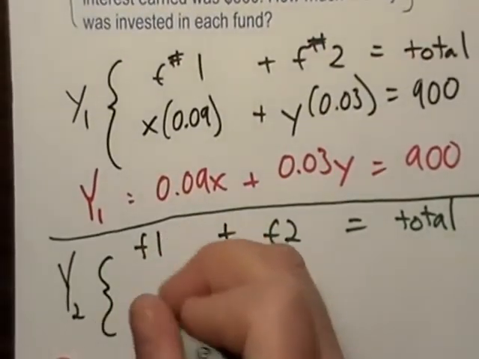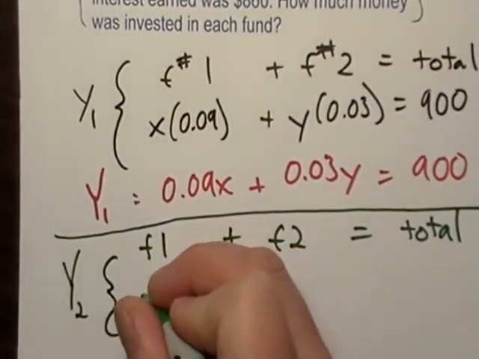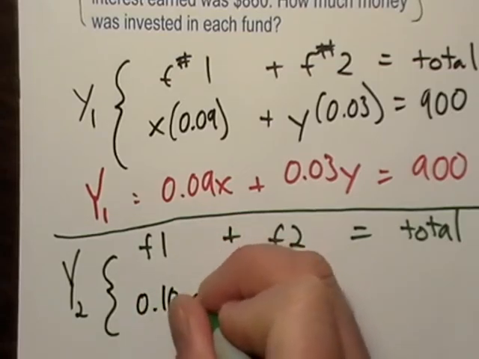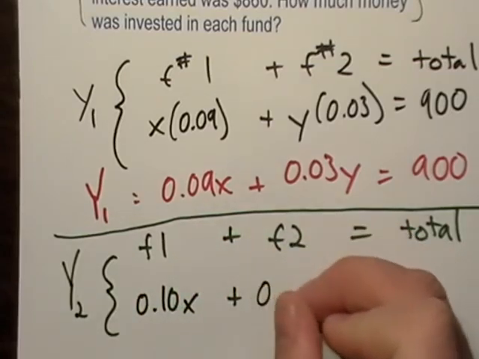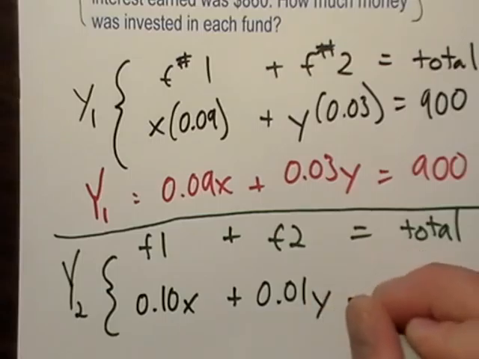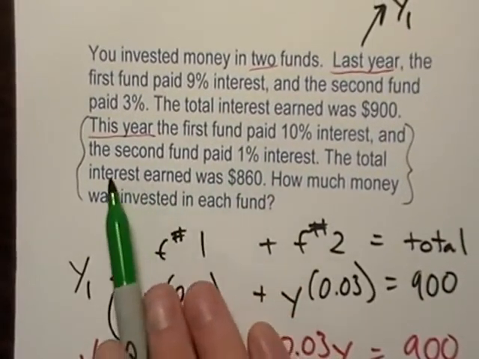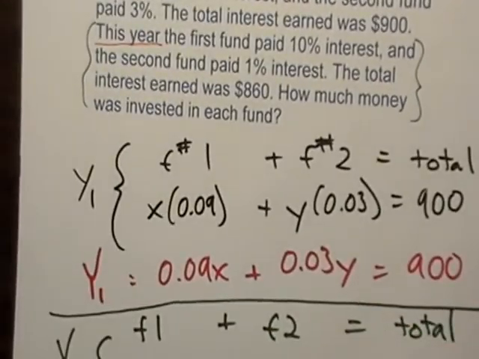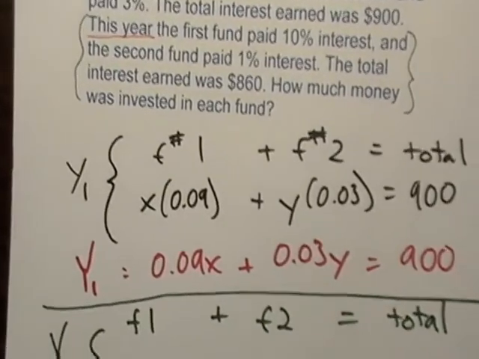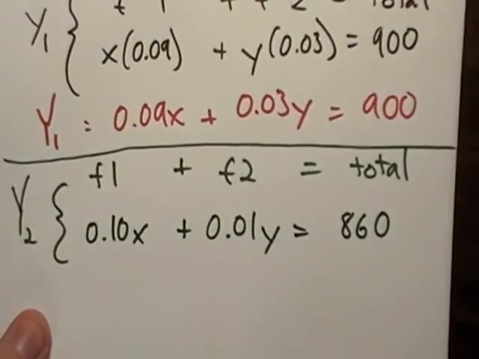Okay, so that's going to look like this. And it says the total interest earned was $860. So we're going to set this thing equal to $860.